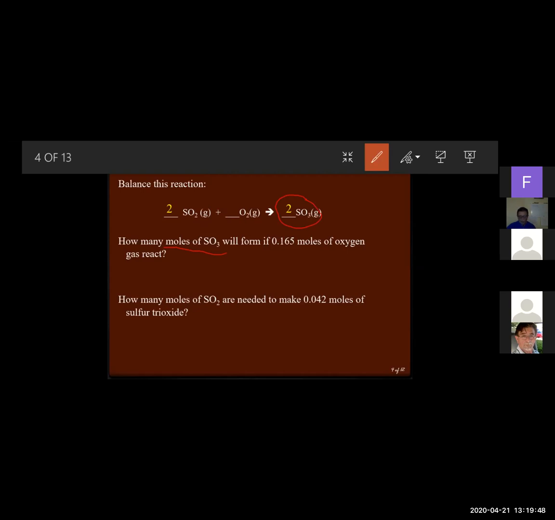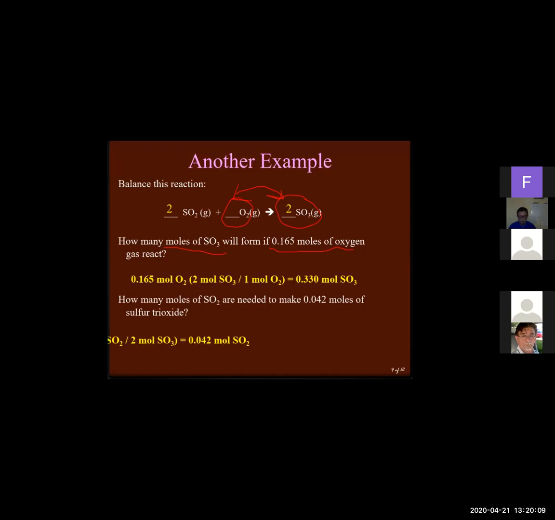And will form if we start off with 0.165 moles of oxygen. So we're only looking at the interaction between oxygen and sulfur trioxide, which is a ratio of 1 to 2. So we can set it up.